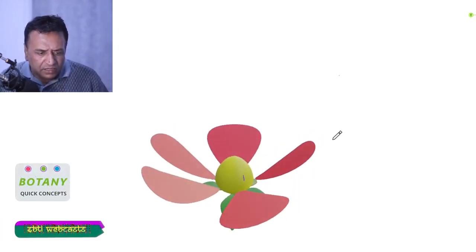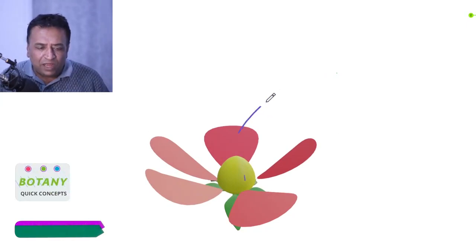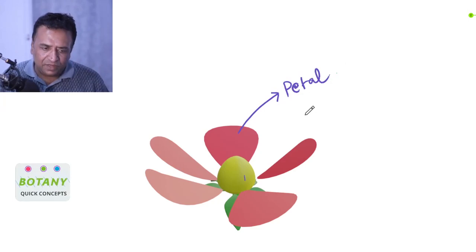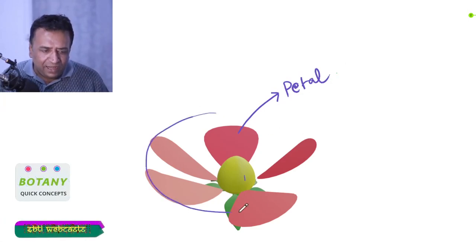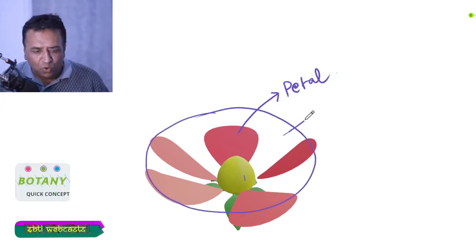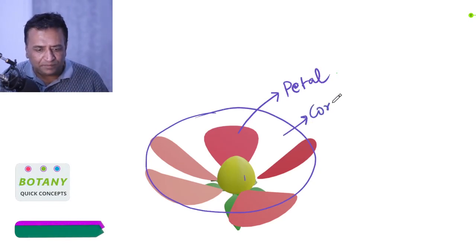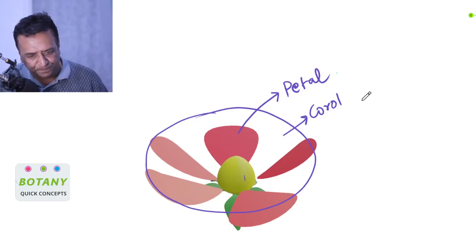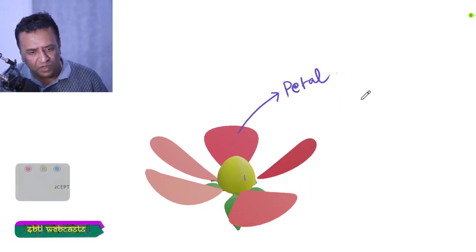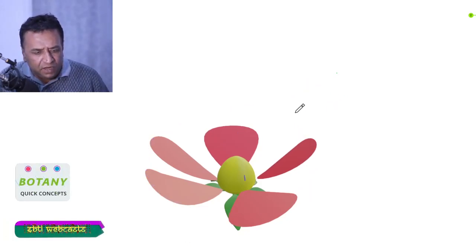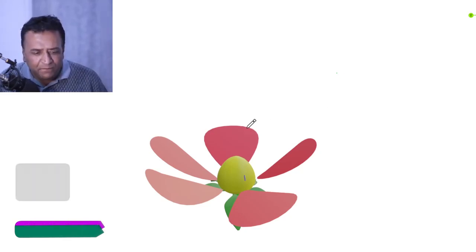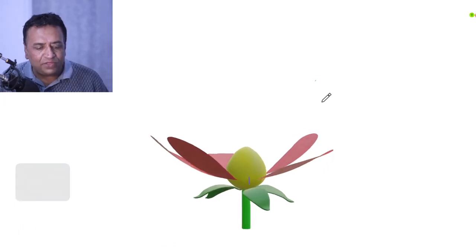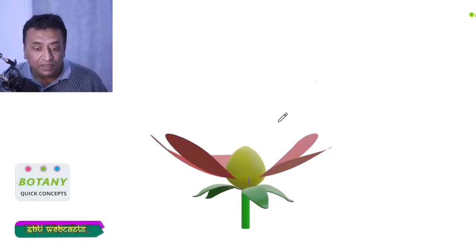An individual member of corolla is called petal, while this entire floral whorl is known as corolla. This is a single petal, and this group of petals that is inserted on thalamus is known as corolla.